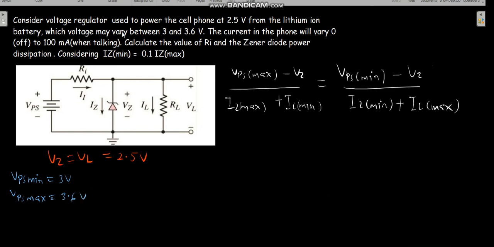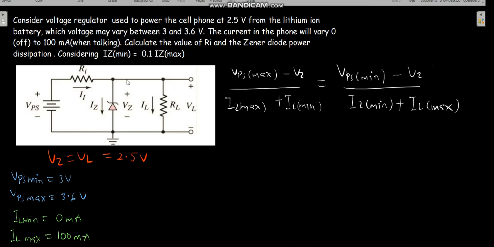The next thing we have to look at is the current in the phone, which will vary from 0 up to 100 milliampere. So that's the load current. The minimum is 0 and the maximum is 100. So you have IL minimum equal to 0 milliampere, and IL maximum equal to 100 milliampere.